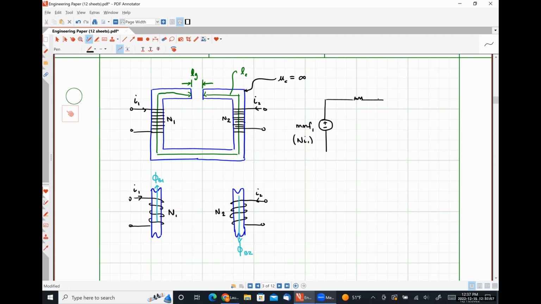I have the reluctance of my air gap, RG, which is going to be mu naught AG over LG.